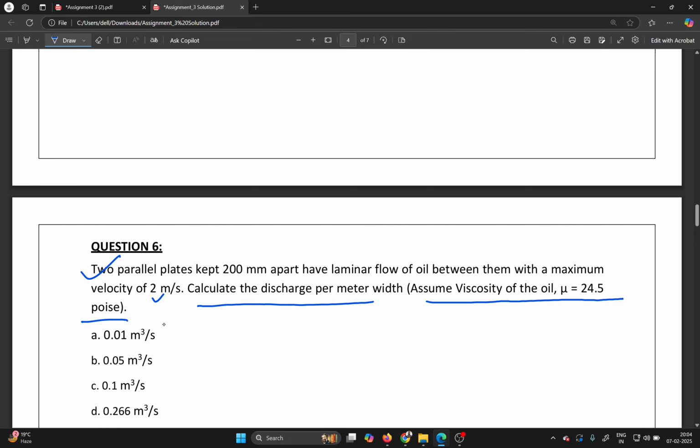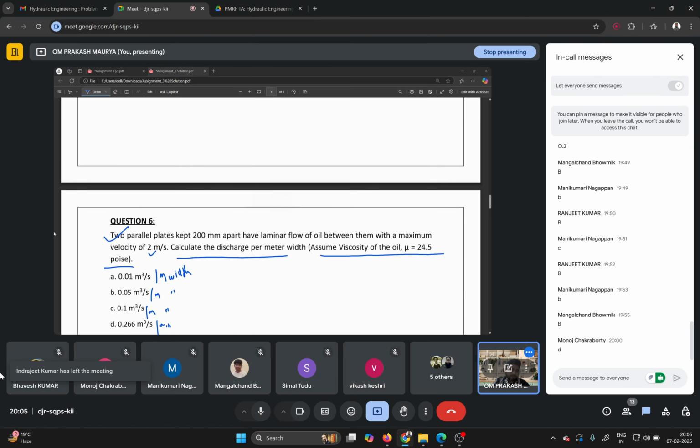And here you need to write discharge per meter width. So 0.05 meter cube per second per meter, and 0.1 meter cube per second per meter width, and 0.266 meter cube per second per meter width. So here width everywhere. So everyone please try to calculate. Very important question. Question number 6.